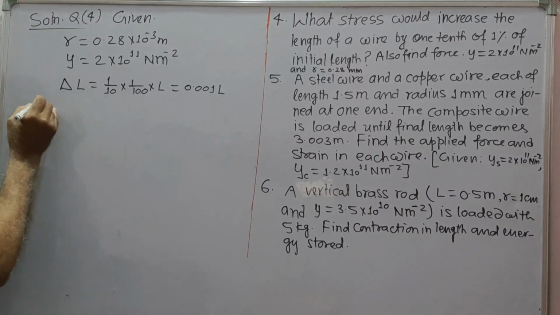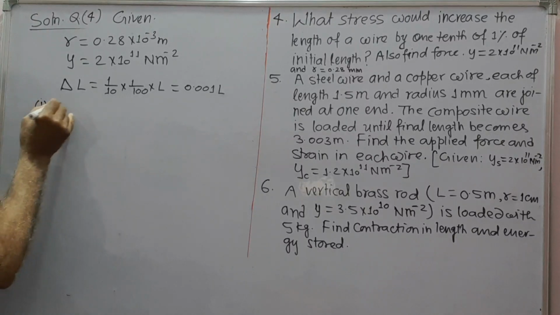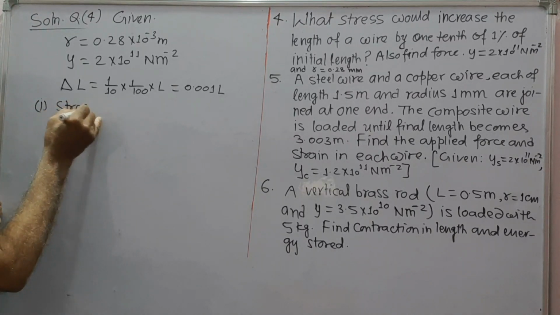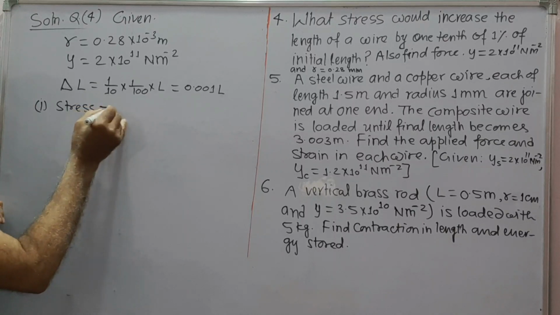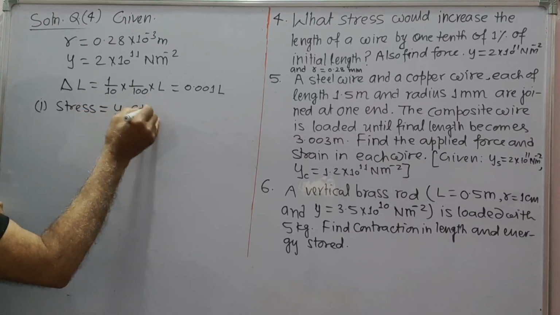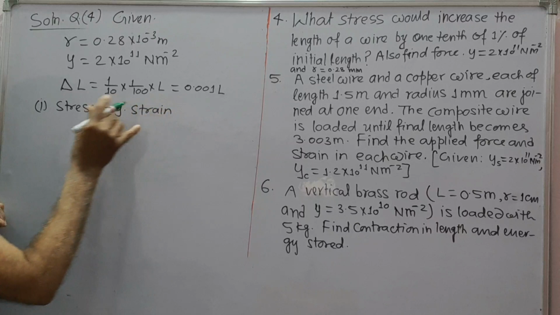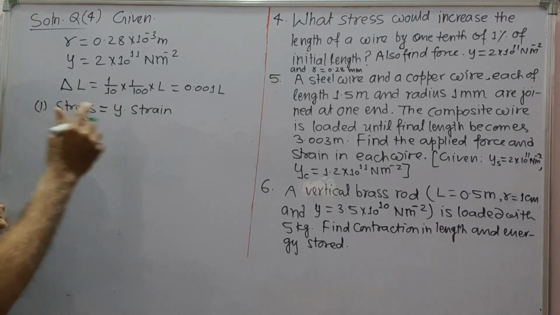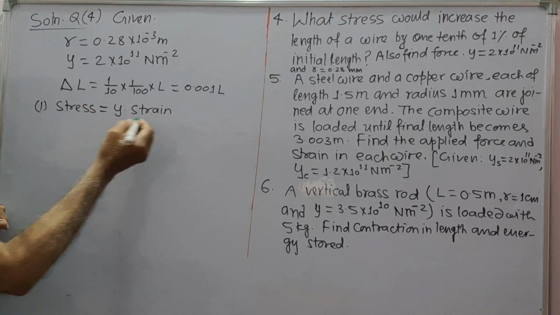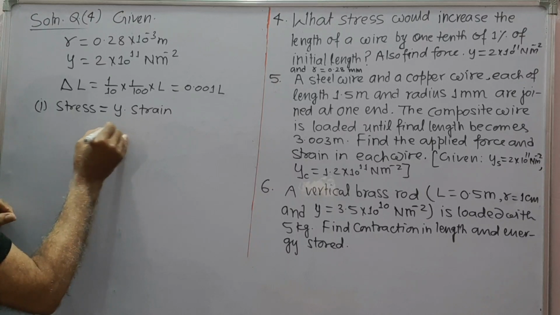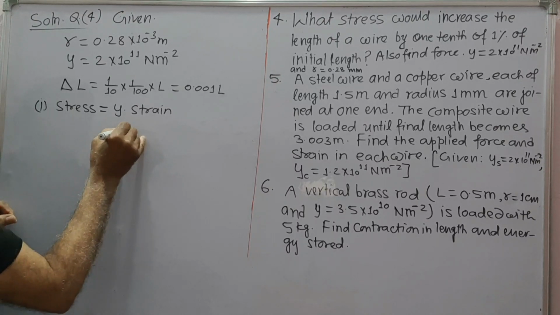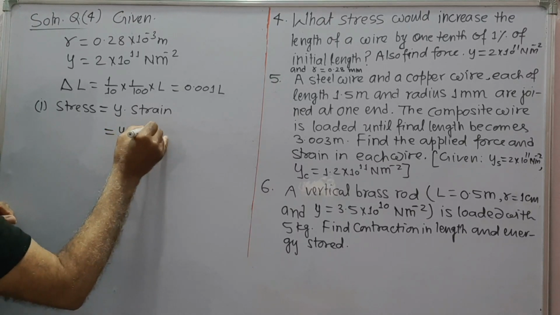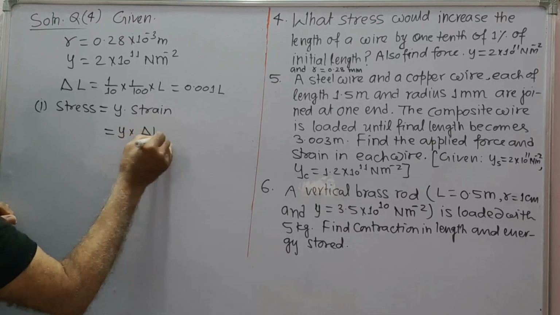We have to find stress first. Stress will be equal to Y into strain, because Y is equal to stress upon strain. Therefore, stress will be Y times strain. Y into strain is Y into change in length upon original length.